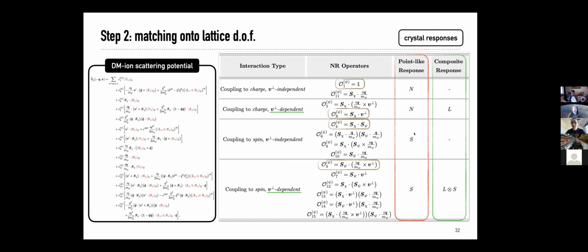Right, the key is that we're taking the long wavelength limit. So it's really the macroscopic quantities of the ion. We're not even talking about the nuclei, but the important quantity is the ion. So how many protons are contained in the ion, which is the same as how many protons are contained in the nucleus.